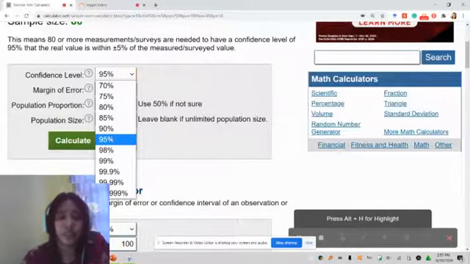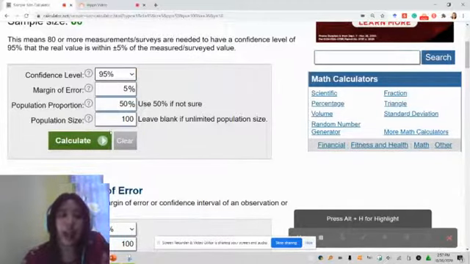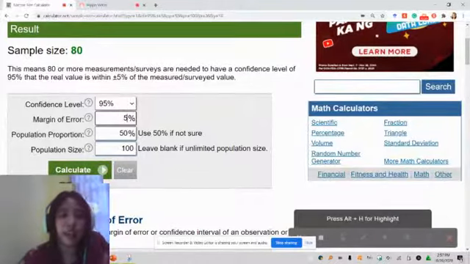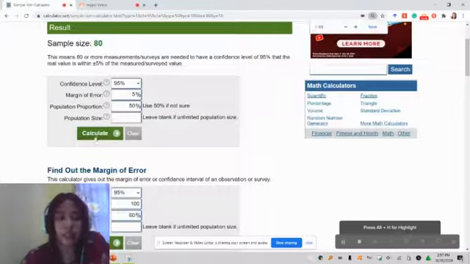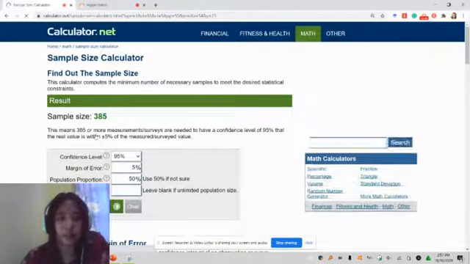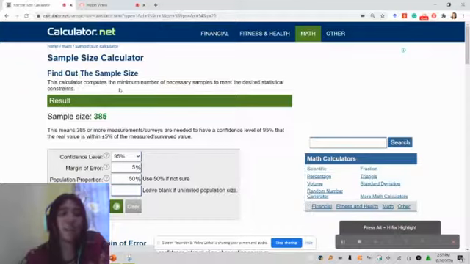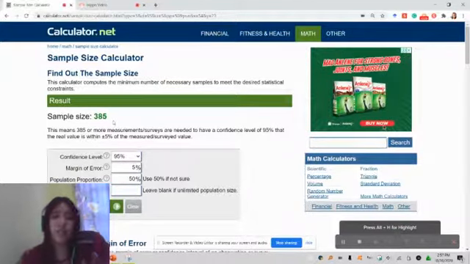So let's consider 95%, and for the margin of error, let's set it to 5%. For the population size, we leave it blank and click calculate. What will be the result? It's a sample size of 385.